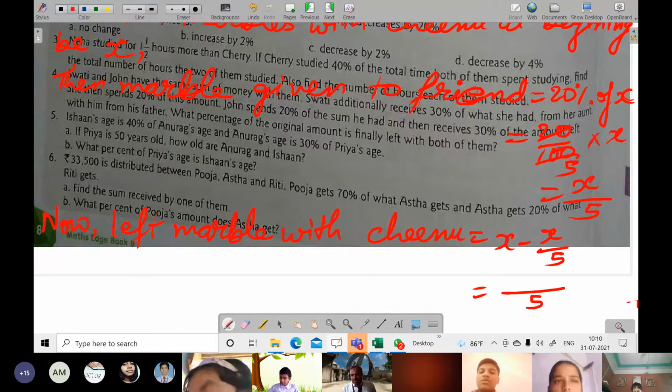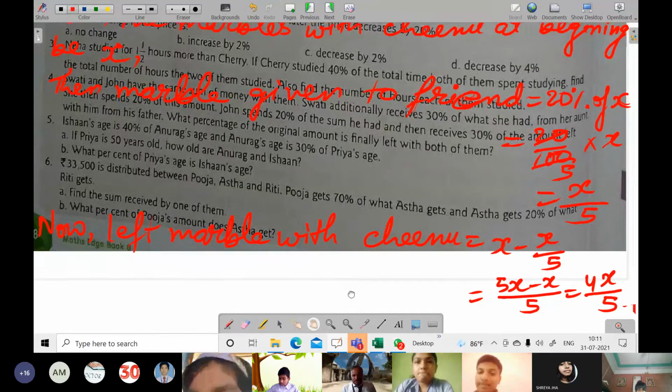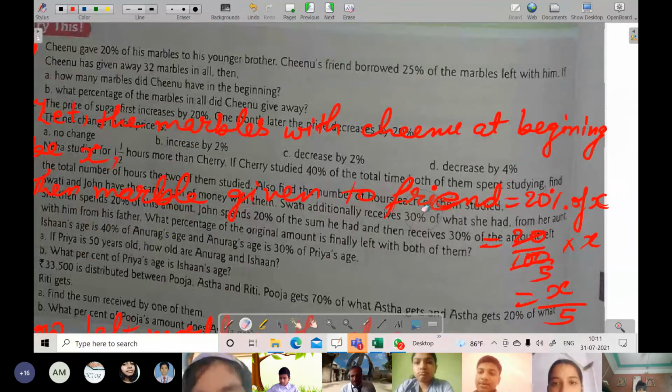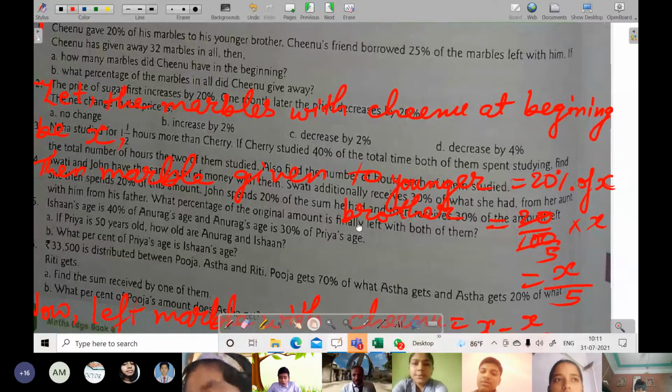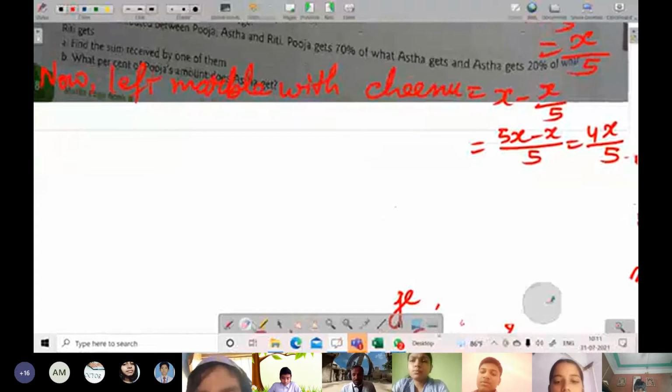Taking LCM 5, that will become 5x minus x, that is equal to 4x by 5. Now given to friend, sorry, it was given to younger brother, it should be written over here, not friend, because 20% he has given to younger brother. Now the marbles given to friend are equal to 25% of the remaining.